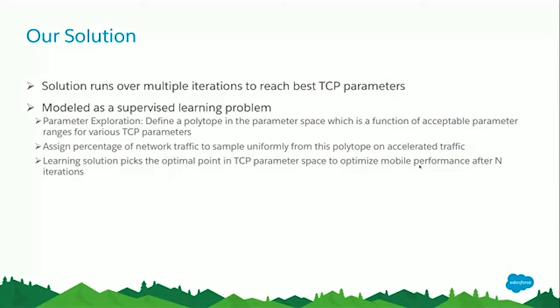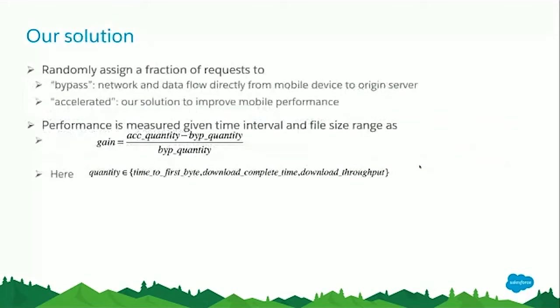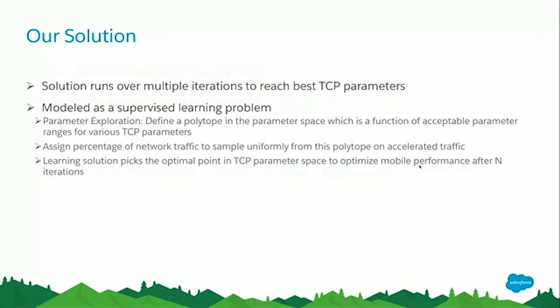And we use machine learning to pick the optimal point in this parameter space to optimize the performance, hopefully after n adaptive iterations. There's another aspect I didn't go over yet, which is how to deal with the lack of ground truth, but I'll go over that in a future slide.